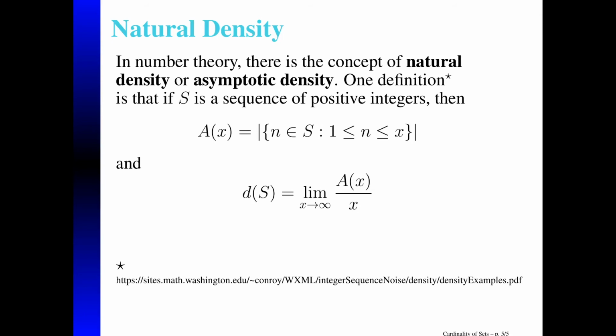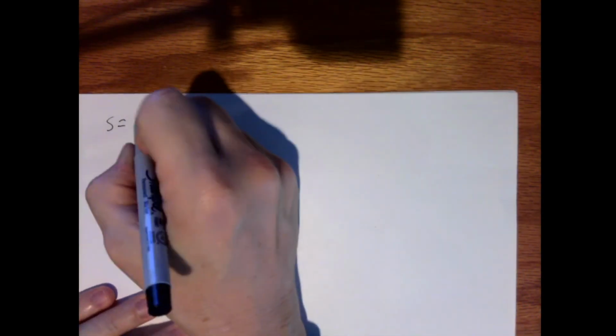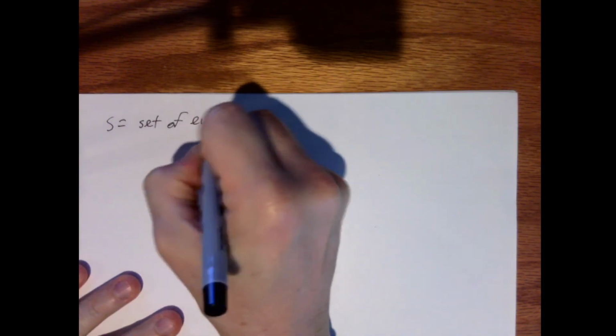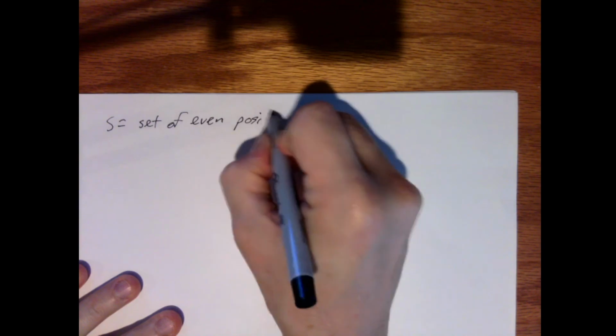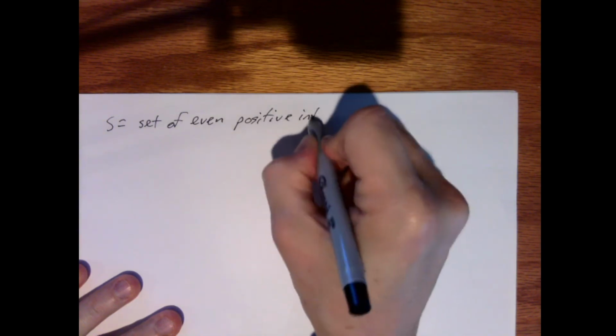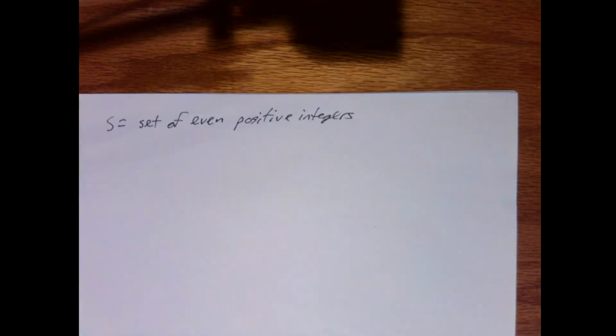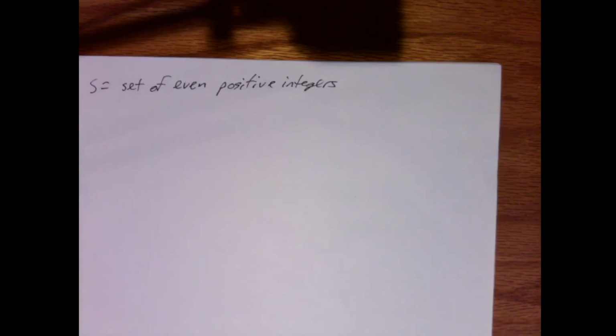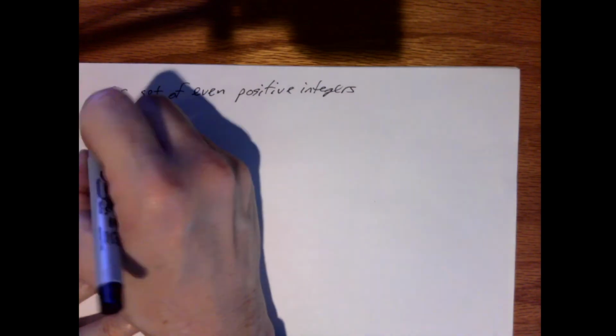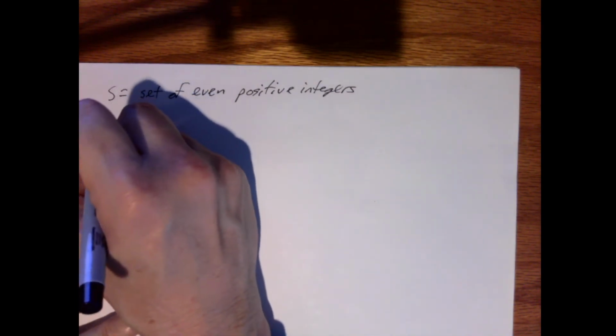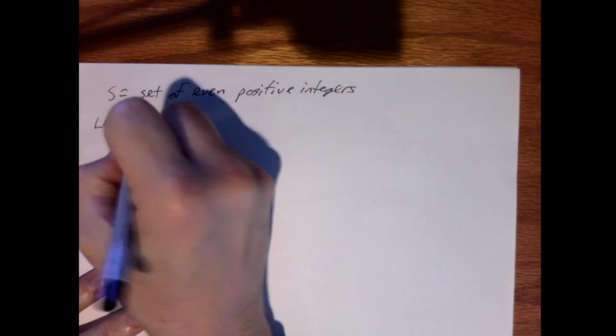So what does that mean? Well, let's say, for example, that S is the set of even positive integers. All right? Then say, for example, let x equal 5.